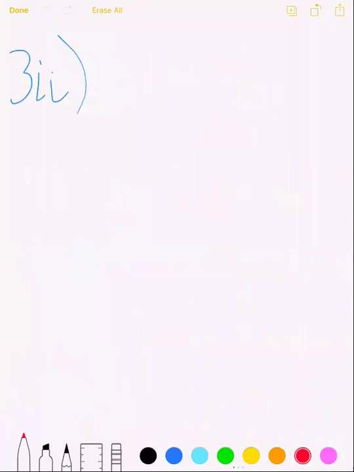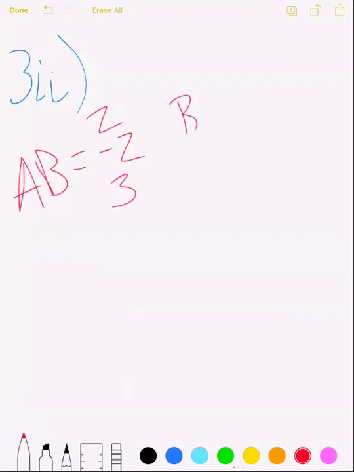For question 3, a lot of it is the same thing. The first thing is to find all of your vectors. So in this case, AB would be equal to 2, negative 2, 3, and BC would be equal to 3, 2, negative 7, and CA is equal to negative 5, 0, 4.